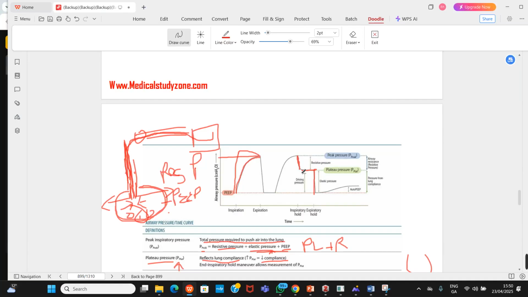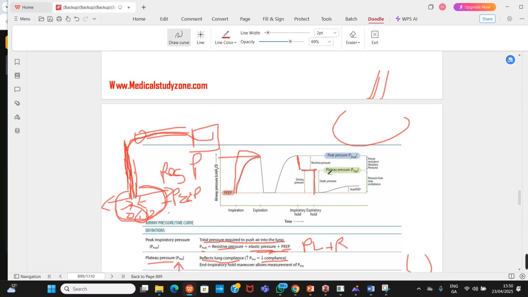So at that point, we no longer have a resistive pressure, because there's inspiratory hold. We are not actively moving air against the airway again. So the only force that is remaining in the lung is the force to expand that lung, because I'm not moving anything actively and not overcoming any resistive pressure.